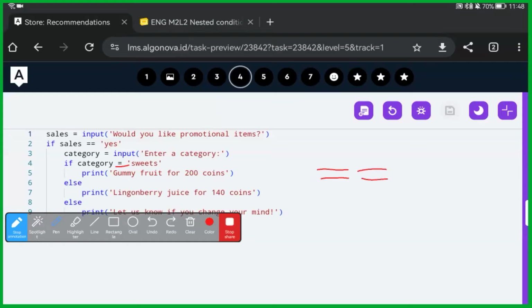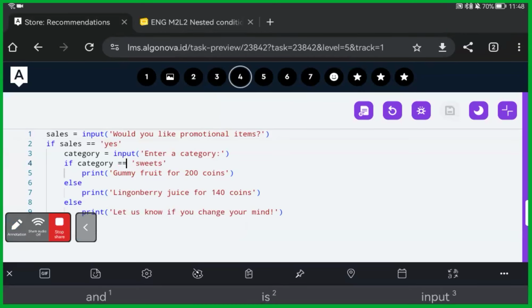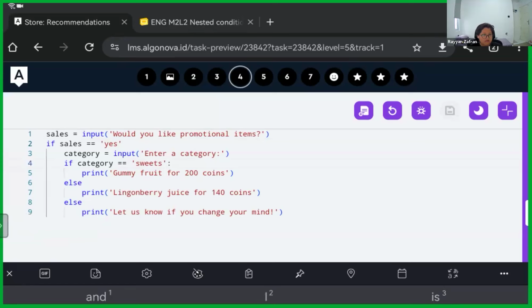But this is just one, so you have to fix the mistake. Okay, add another equals. Okay, so it's already correct. But remember, if you want to use if else, please use it with a colon. Don't forget about the colon. Same thing in here. You forgot the colon, right? Okay. You got it?